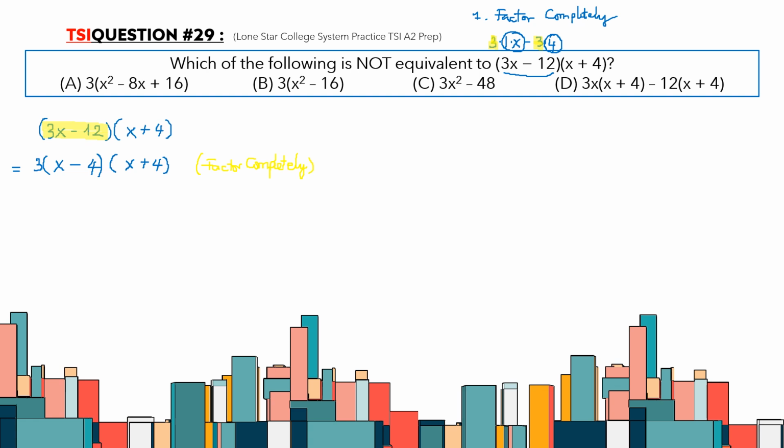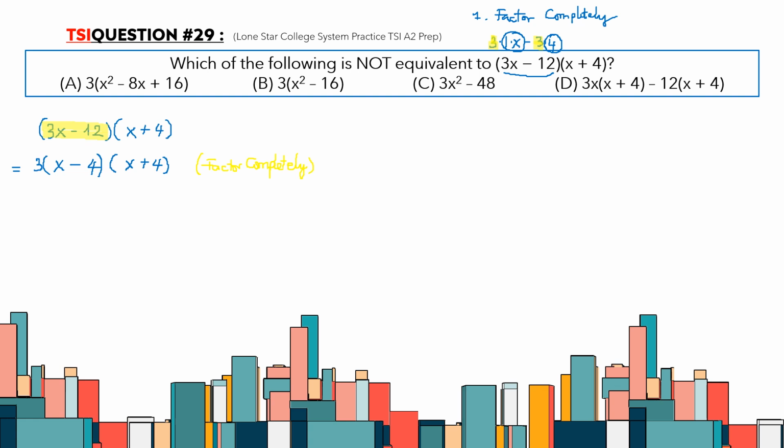After we factor completely, I try to see if I can combine it to make it look like our answer choices A, B, C, and D, right? So we should break down the first factor 3x minus 12 into 3 times x minus 4.